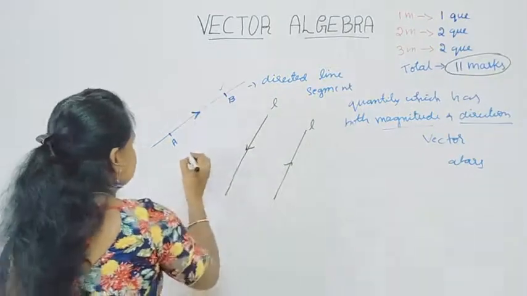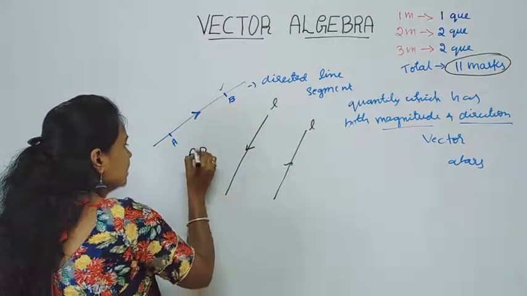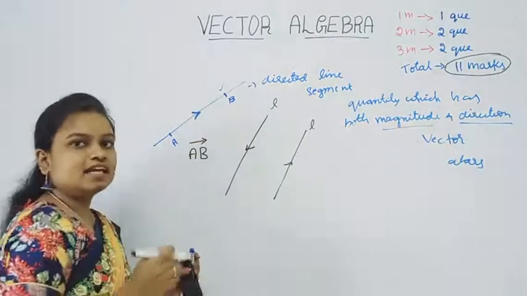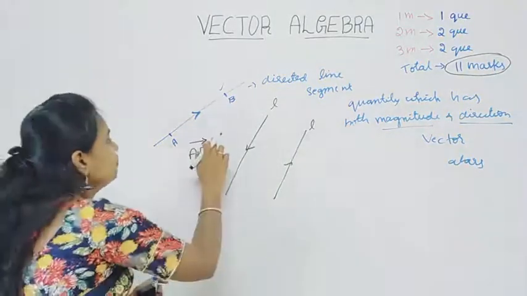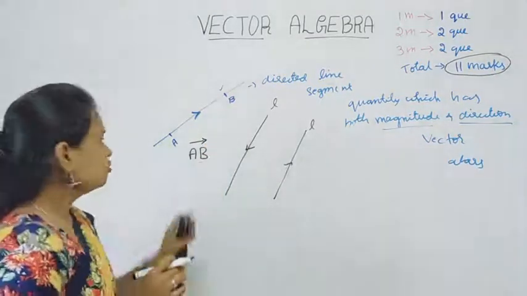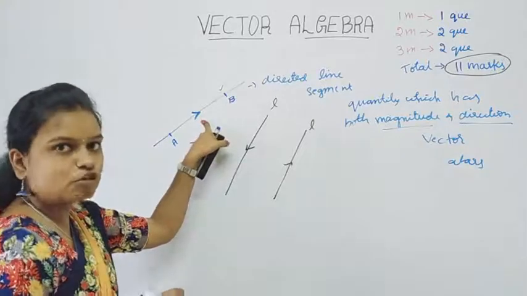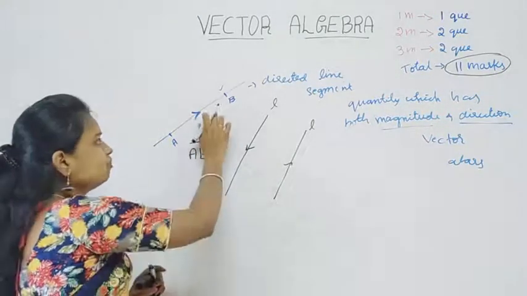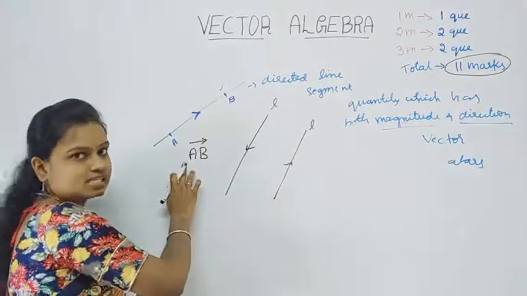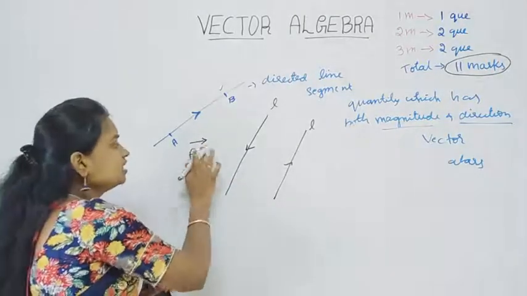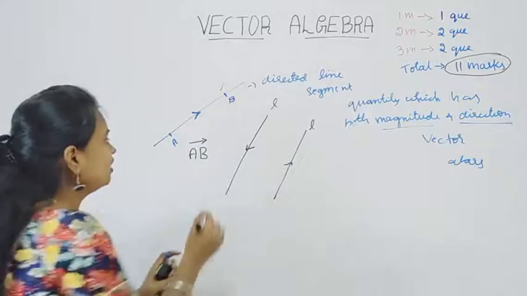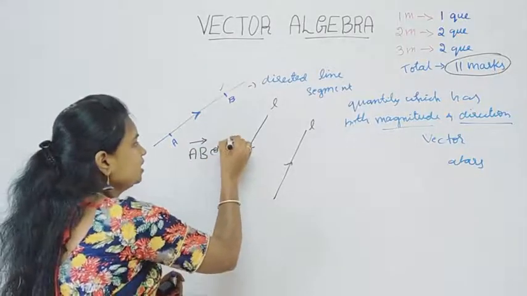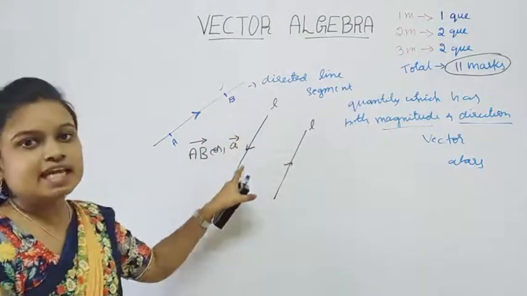So it is represented like this, AB, and it is read as vector AB. So we know that since it has both magnitude and direction, this is a vector, right? So we represent this line like this. It is read as vector AB, or it is simply represented as vector A.